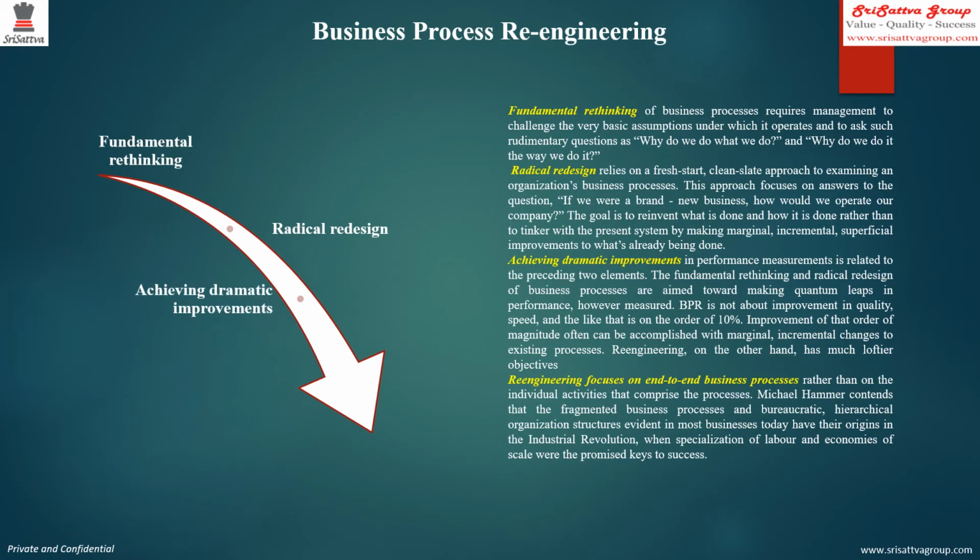Achieving dramatic improvements. Achieving dramatic improvements in performance measurements is related to the preceding two elements. The fundamental rethinking and radical redesign of business processes are aimed toward making quantum leaps in performance, however measured.